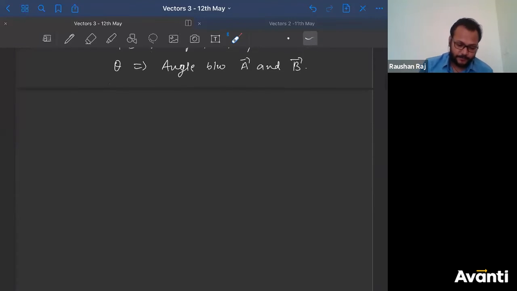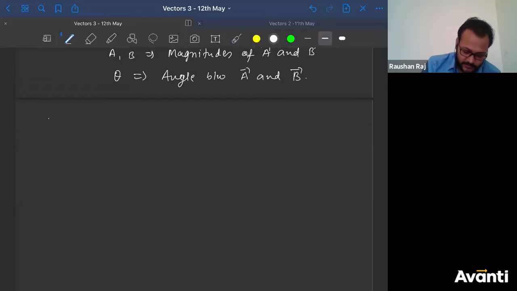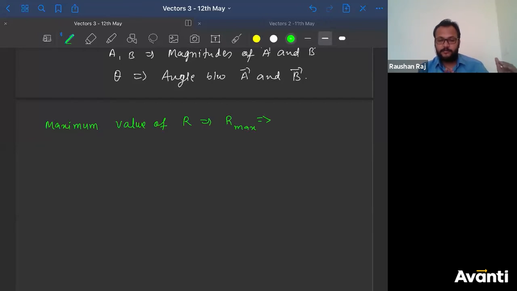So if I ask you to tell me what will be the maximum value of R, let me use a different color here, okay? Maximum value of R, that I am representing as R max. When will you get maximum R?